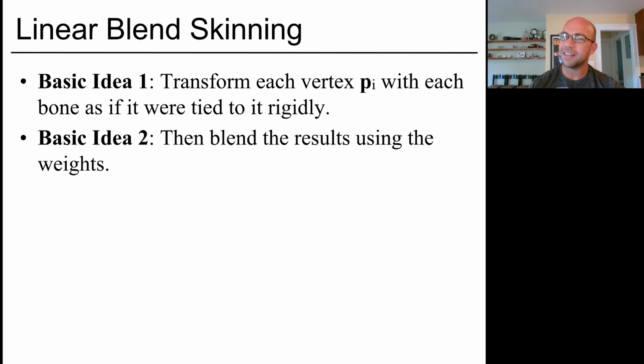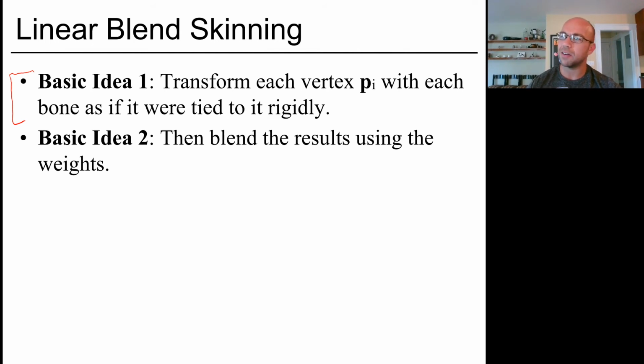So the basic idea number 2 here is to blend the results of all of these possible transformations using the skinning weights. And so for the most part, stuff will move rigidly, right? What that means is that a vertex only has one non-zero skinning weight. But in regions like my elbow that are in between two rigid things, I can smoothly transition from one rigid matrix to another.